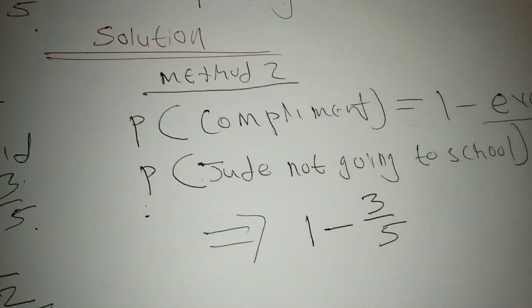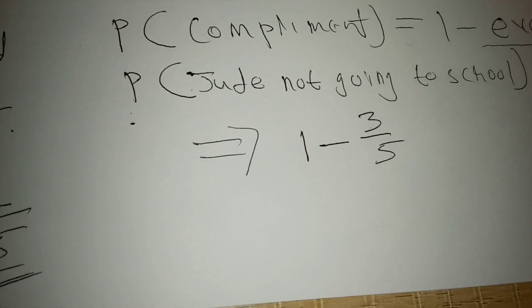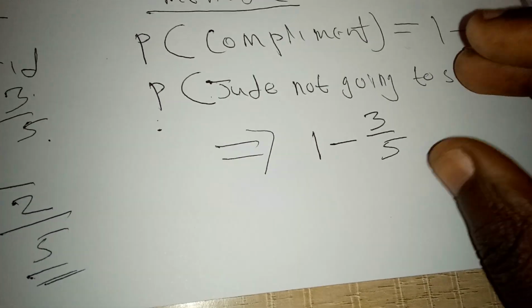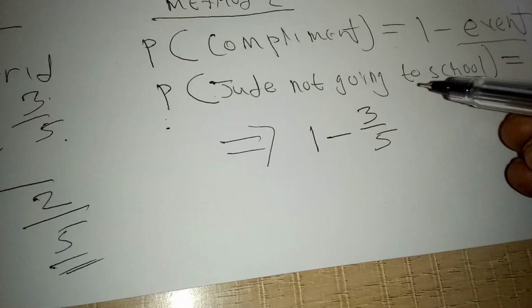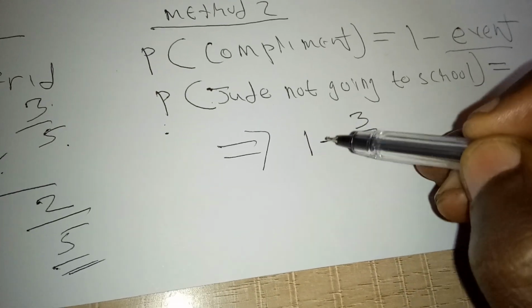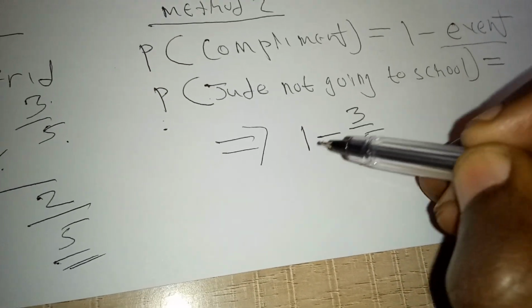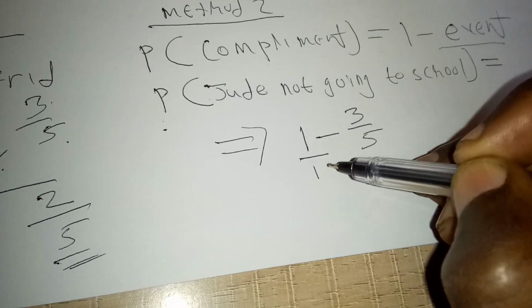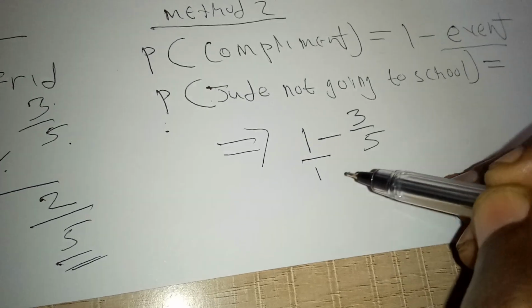So when subtracting, take note that we can use different methods. The first method I will show you is the fraction way. I know this is a whole number and this is a fraction, so I can put the whole number over 1 so that they both become fractions.